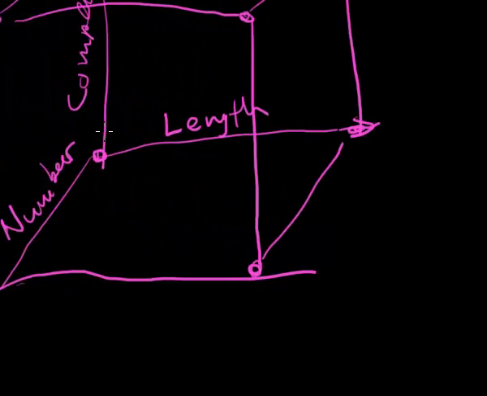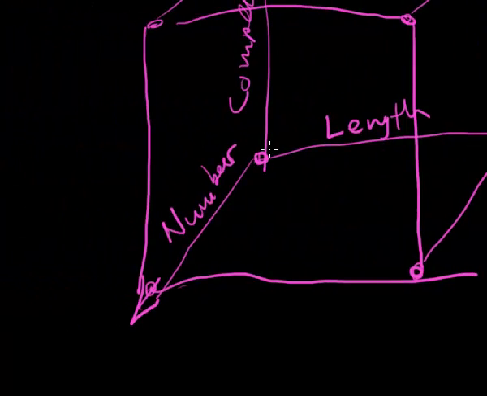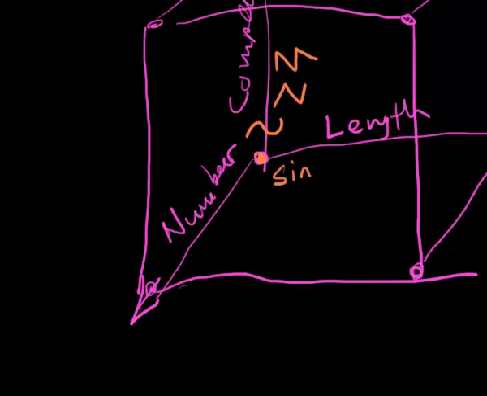Okay, so starting off down here in the corner, I'm going to put my good old sine wave. So my sine wave is down here at the origin. And then if I make something a little more complex, that would be maybe a triangle wave or a sawtooth wave, like that.